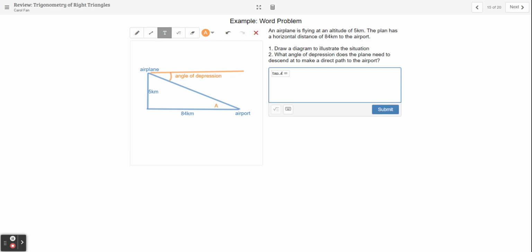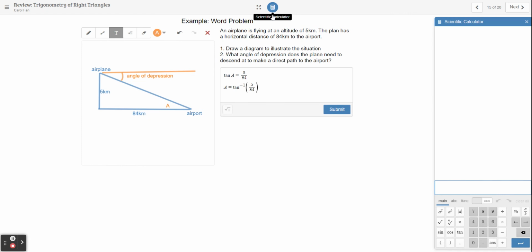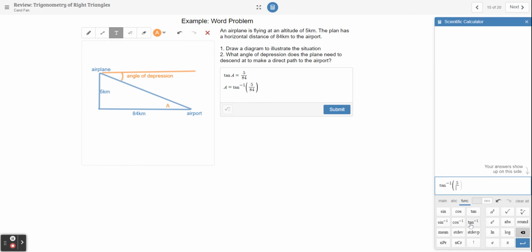So tangent A is equal to opposite over adjacent. Let's undo tan in order to find A. So inverse tan of 5 over 84, and we have an angle of 3.4. Just say 3 degrees.